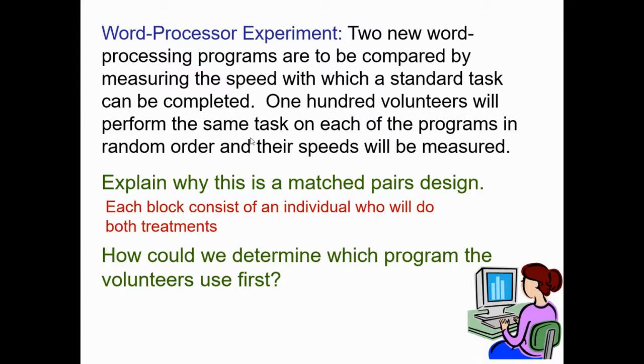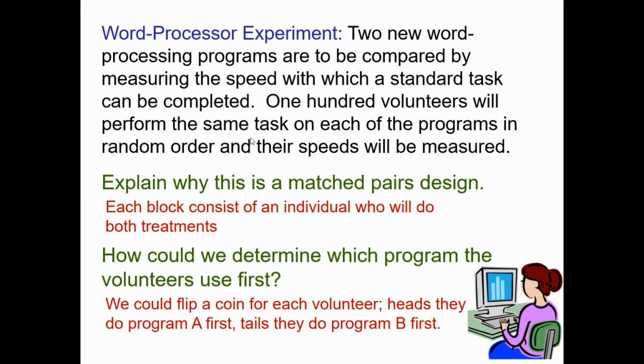You could flip a coin. We want to be as random as possible because they're all going to do both of them. So the best way would be to flip a coin. If it's heads, they do A first. If it's tails, they do B first.